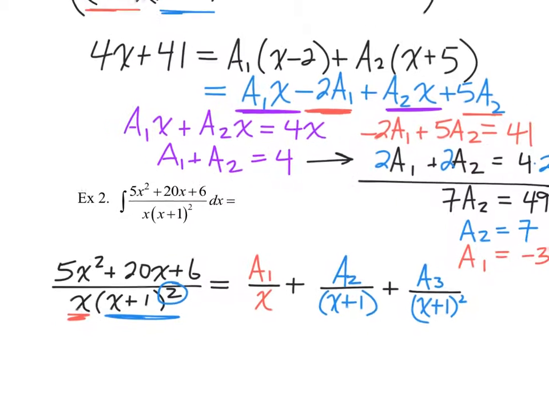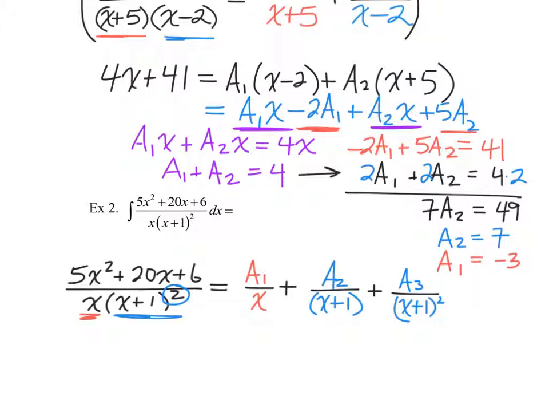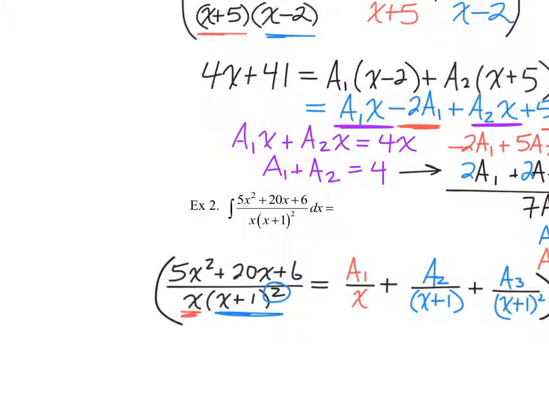All right, next step in the process is very similar to what we did in the previous one. The step itself is exactly the same conceptually. It's just going to play out differently. We're going to multiply everything by x times x plus 1 squared. So we're multiplying by that common denominator that we started with.